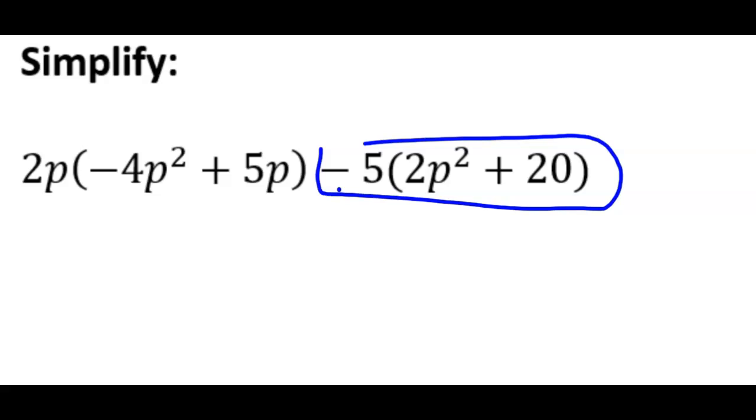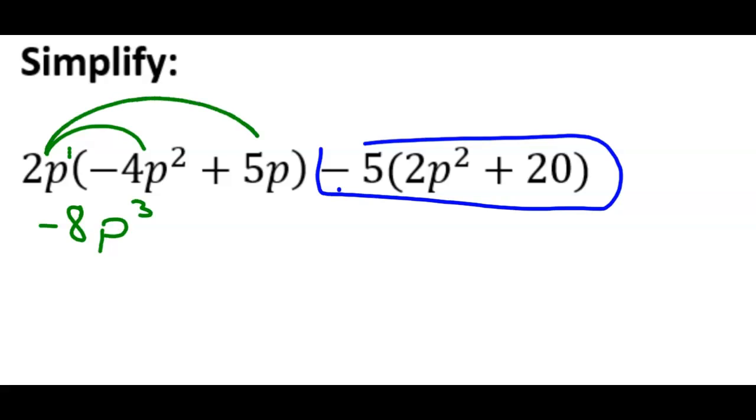Do you see that? Okay, so I'm going to do 2p times this. What am I going to get? Be specific. Thank you. -8p what? The third, because there's a little 1 right there. Okay?